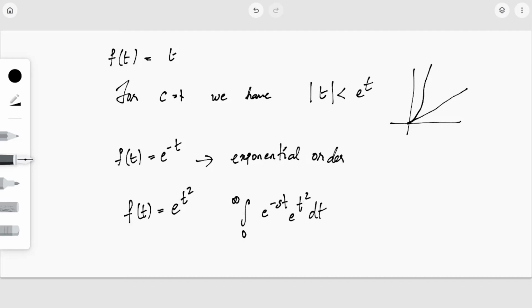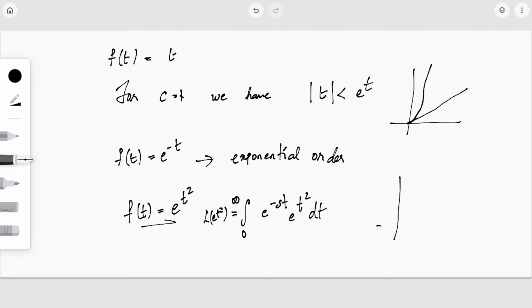This will be the Laplace transform of this particular function, right? L of e raised to t square is equal to this. Now as t tends to infinity, e raised to minus st tends to 0, but e raised to t square will tend to infinity at a much faster pace.